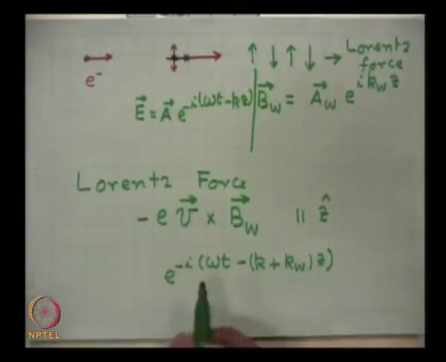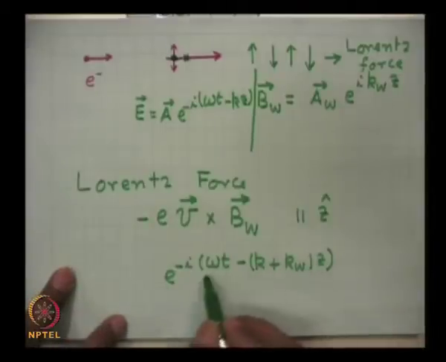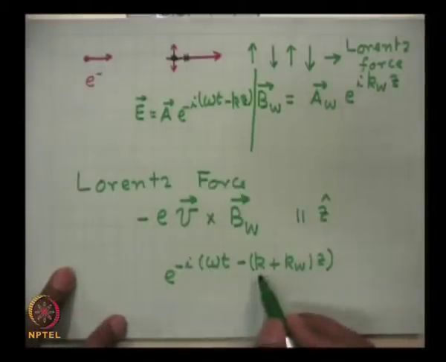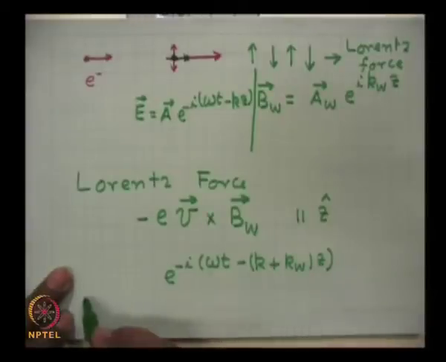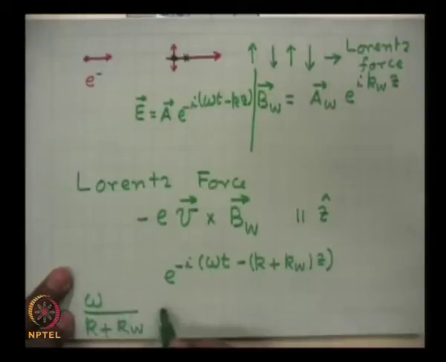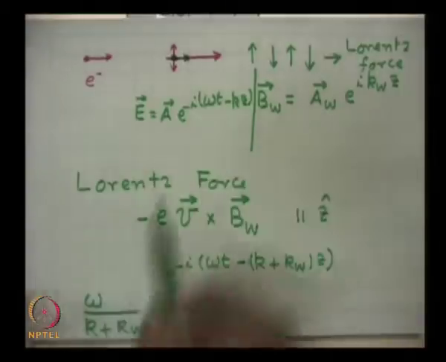So the force now does not have a phase velocity omega by k. The phase velocity of this force is omega upon (k plus kw). So this force has a velocity omega upon (k plus kw), and whenever this is equal to the beam velocity, a resonant excitation of this wave can take place.